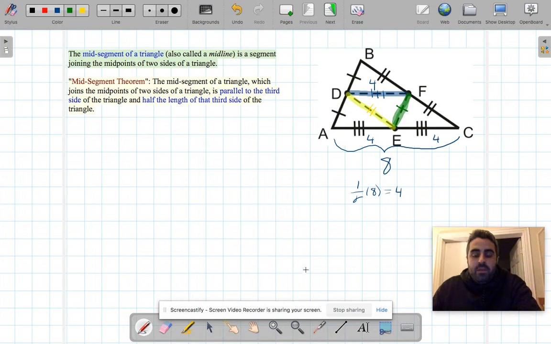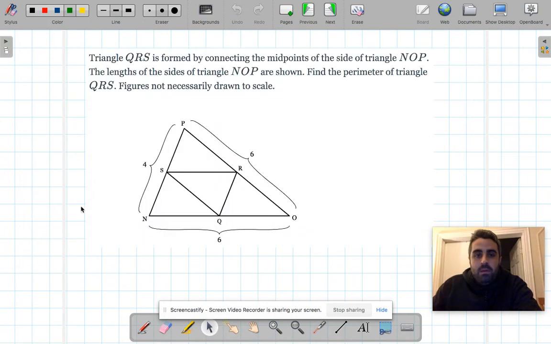All right, so let's get into some problems that involve the midsegment theorem. So we have triangle QRS is formed by connecting the midpoints of the sides of triangle NOP. The lengths of the sides of triangle NOP are shown. Find the perimeter of the triangle. So the perimeter is the distance around the outside of a figure. So we want to find the perimeter of the triangle QRS.